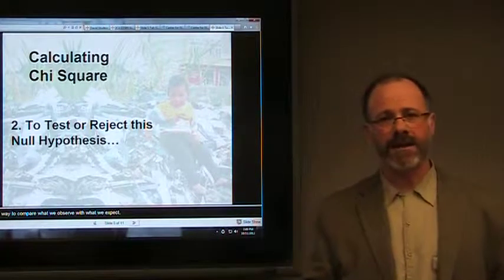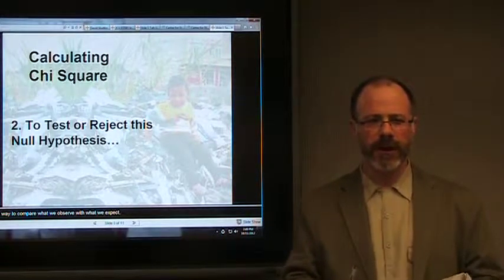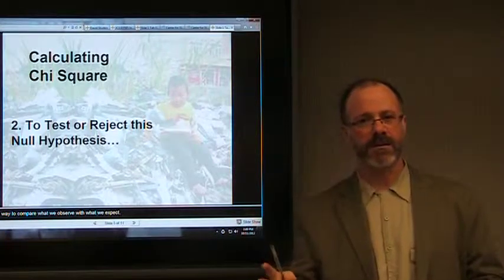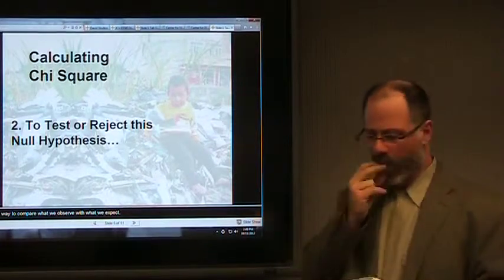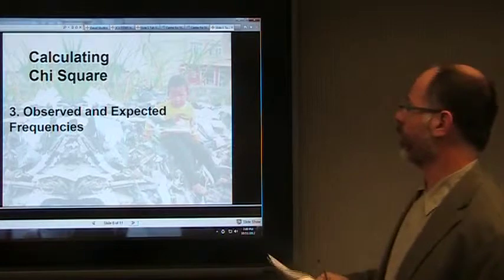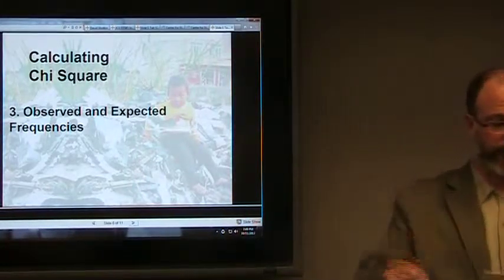What's expected is that there wouldn't be any difference. The null hypothesis is what is expected. So we have the observed versus the expected in terms of frequencies.